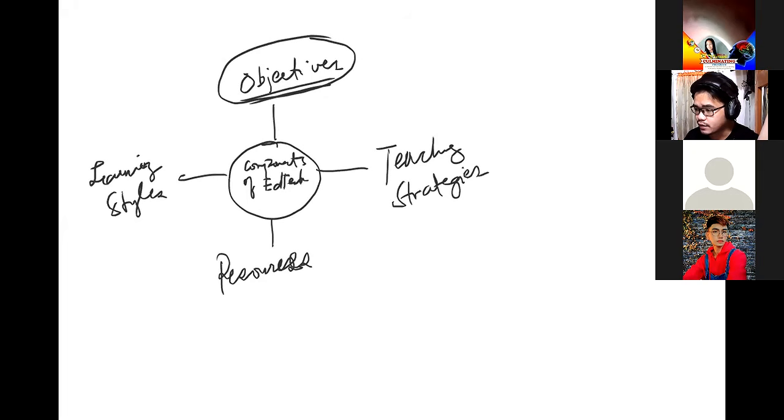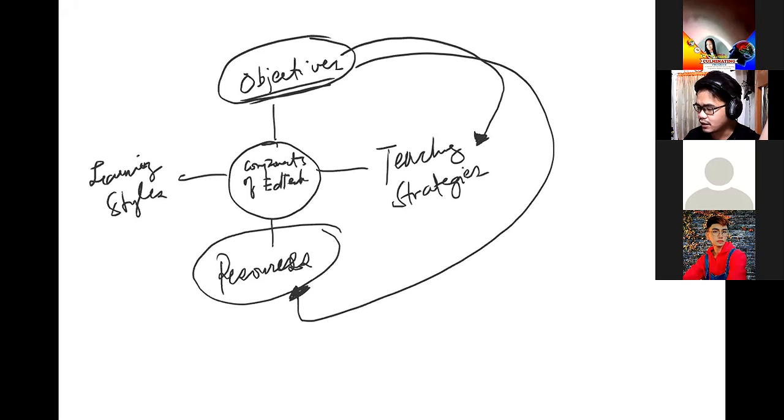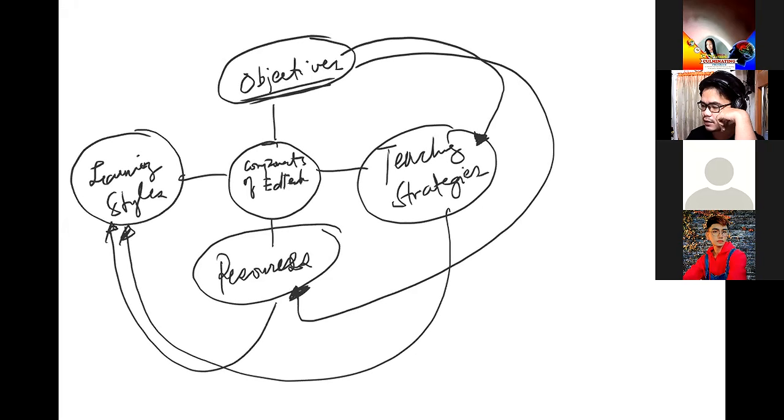And our objectives become the basis of our resources in teaching, and at the same time the basis of our teaching strategies. But again, our resources and teaching strategies depend on the learning styles of our students.